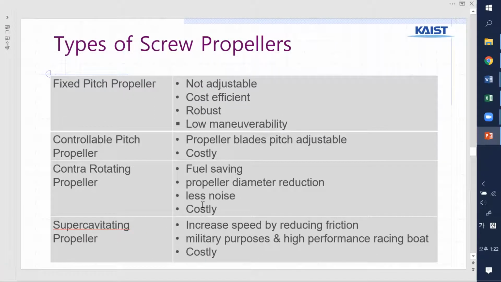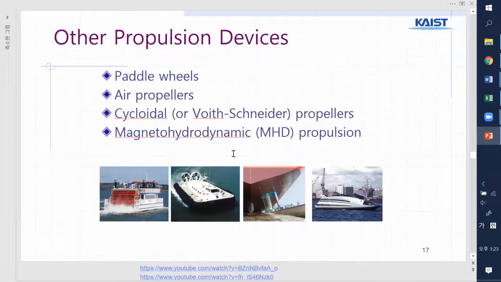All right, and then supercavitating, the characteristics are here.